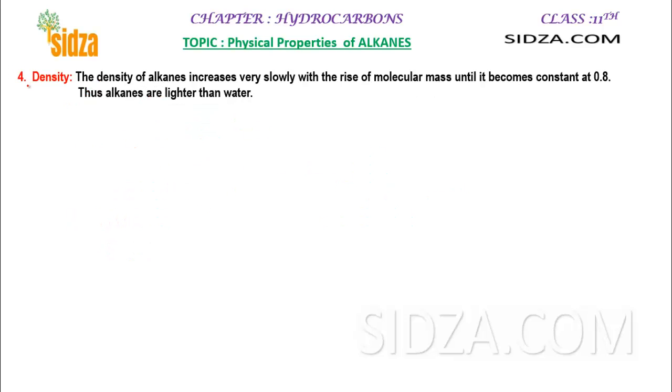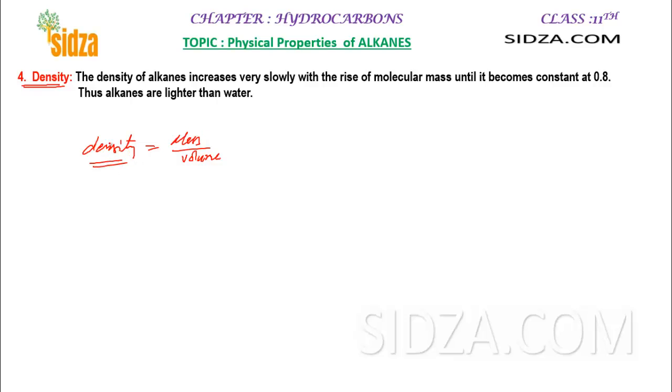Next is the density. We know density is mass by volume, mass upon volume. So with the increase in the number of carbon atoms in a molecule, the molecular mass will increase. Therefore, the density also increases.